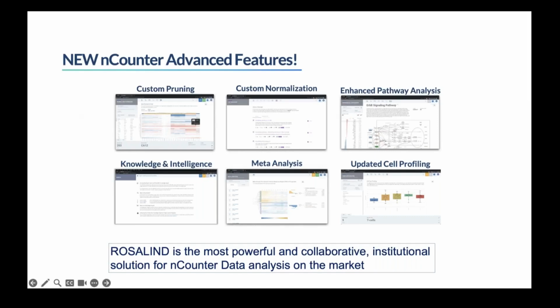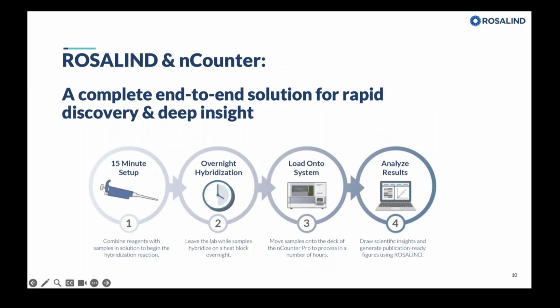So before I skip into talking about some QC, I just want to finish with this summary slide here. And again, I want to reiterate that the combination of Rosalind and nCounter together is where you truly unlock the value of the technologies. This diagram down here at the bottom represents the workflow. Starting in the lab as the bench scientist, you're setting up your hybridization in 15 minutes of pipetting. You load that into your thermocycler, which processes overnight.